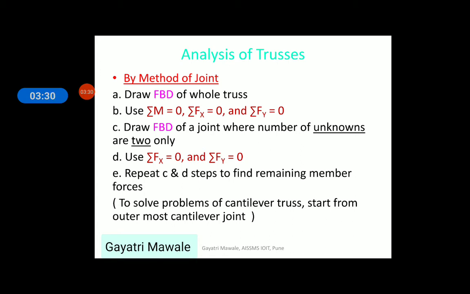Then draw the FBD of a joint where the number of unknowns is 2 only, and for that FBD, we can use summation Fx equals 0 and summation Fy equals 0. Repeat steps C and D to find the remaining member forces. To solve problems of cantilever trusses, we have to start from the outermost cantilever joint.